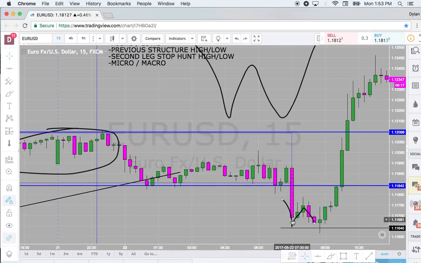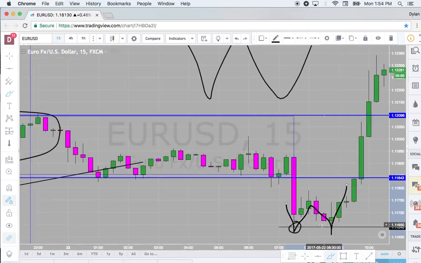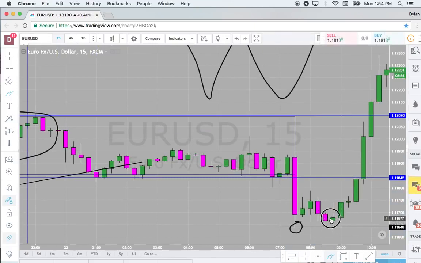What we also notice is the breakout of consolidation here formed this low, and this low was not broken. But the second leg of the W, although it did not break the first leg, it did stop hunt. It stop hunted that first leg with a wick. You can see it right there.